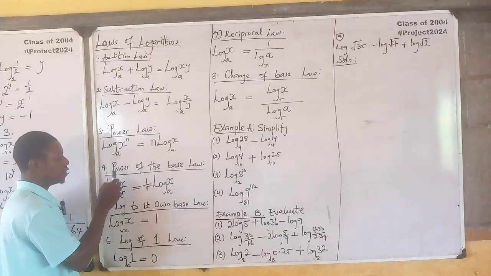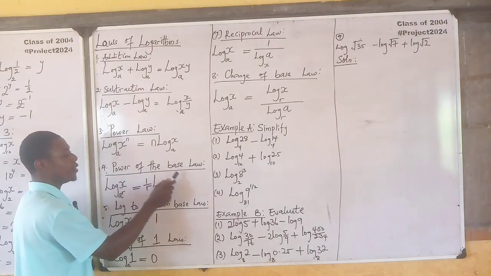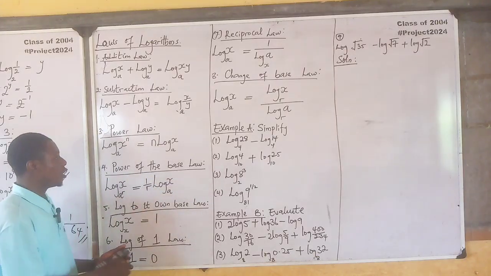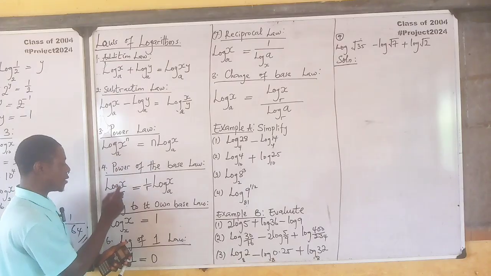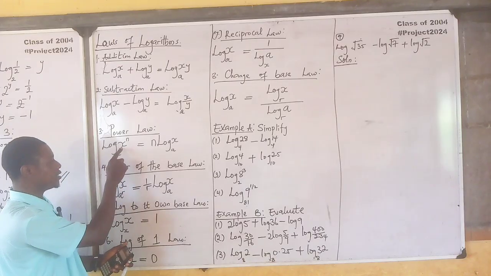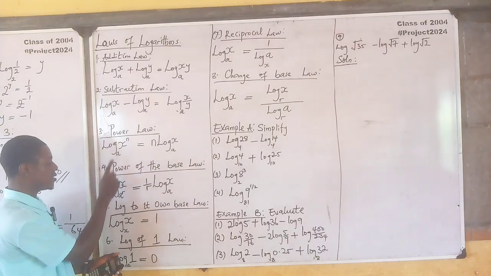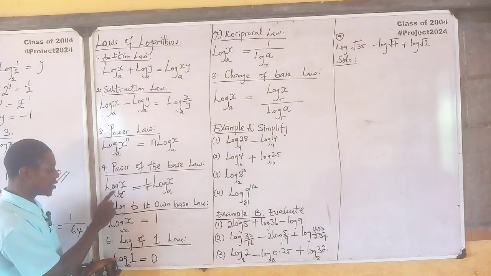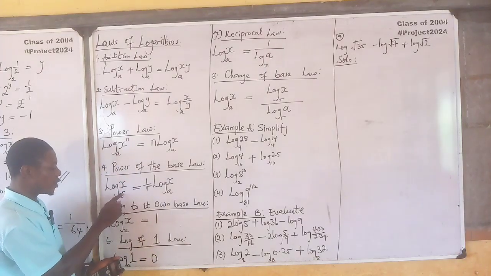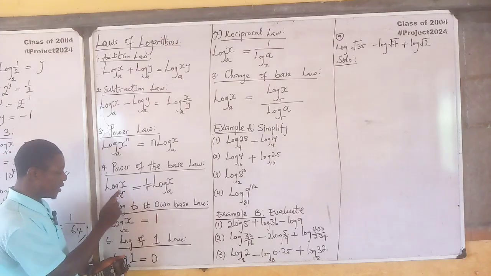All right, so the next one is the power of the base law. Now, if the base this time around has the power, remember the previous one is the number itself that has the power. Now if its base has the power like this, that is log of x to base a raised to power r, what are you going to do?